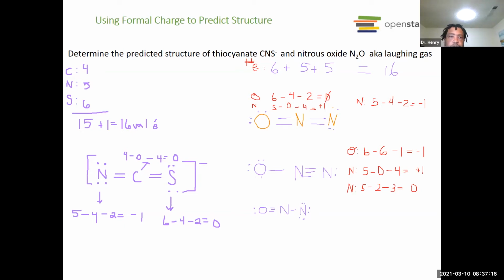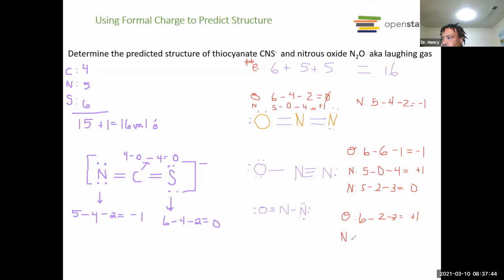Okay. And then the last one I'll do. So the last possibility, this guy, oxygen, has 6 valence electrons, 2 lone pair electrons, and it has 3 bonds. So that would be a +1.